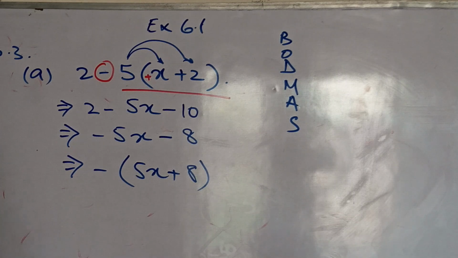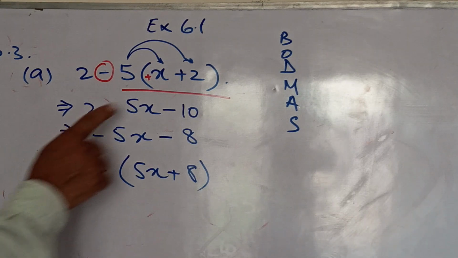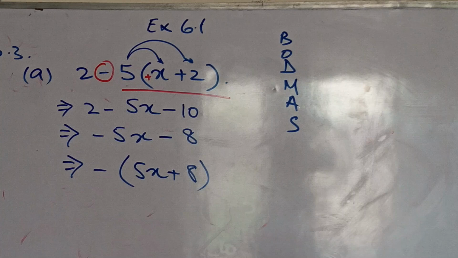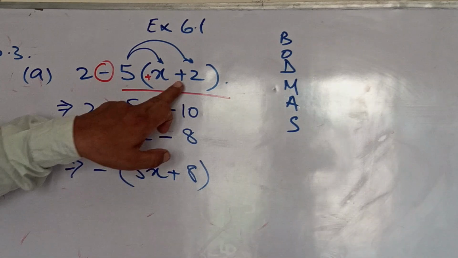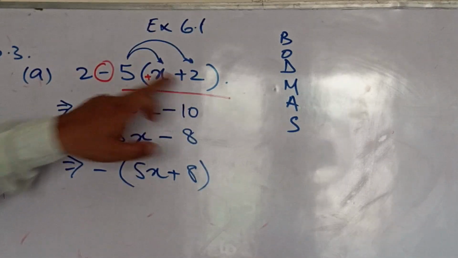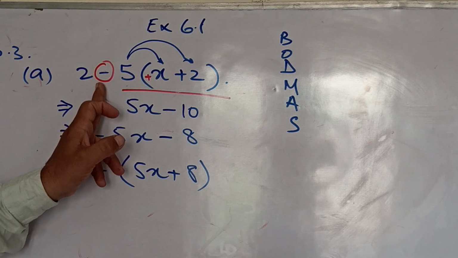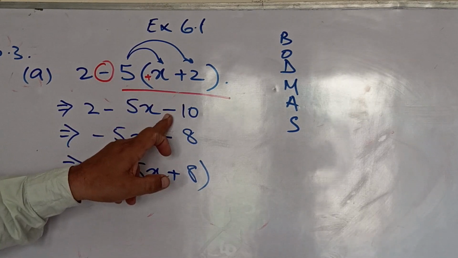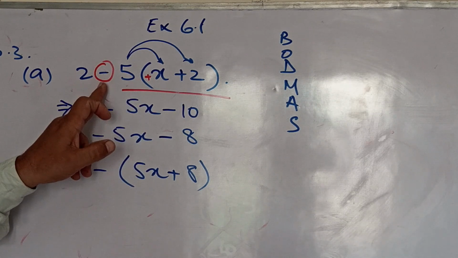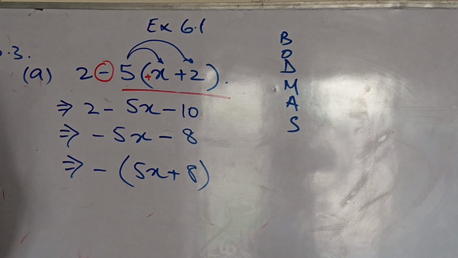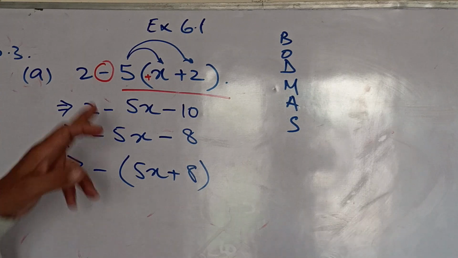Now, part B. There is only a change of sign over here. It is minus. You see that when I multiplied this minus with plus, it gives us minus. But when I multiply two same signs, either plus or minus, the result will be plus.